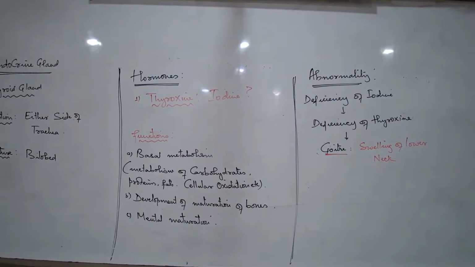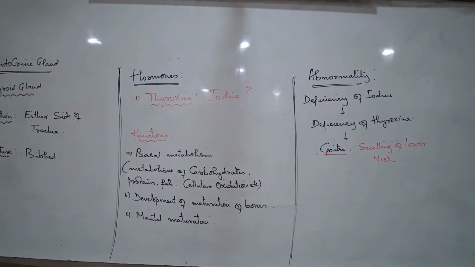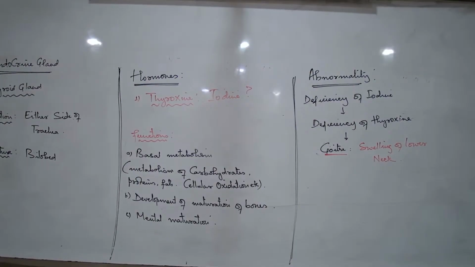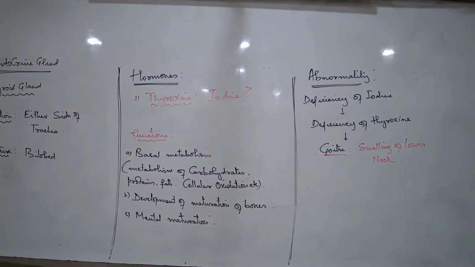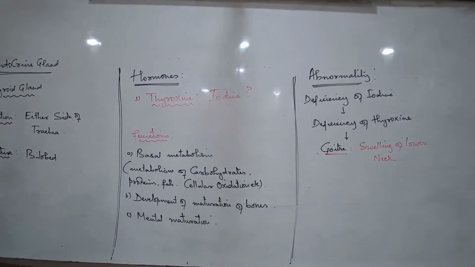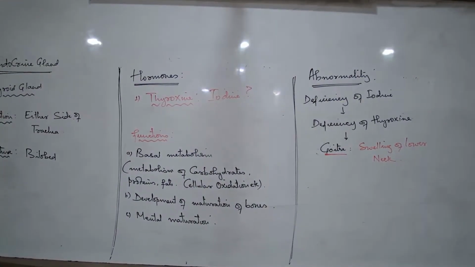Now, next we talk about the pancreas. A concept of the pancreas that is known to you is the pancreas releasing enzymes. Now we are going to study the other concept of the pancreas, that is the pancreas as an endocrine gland.